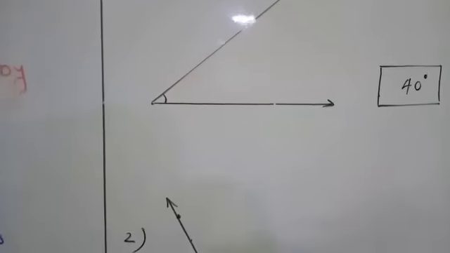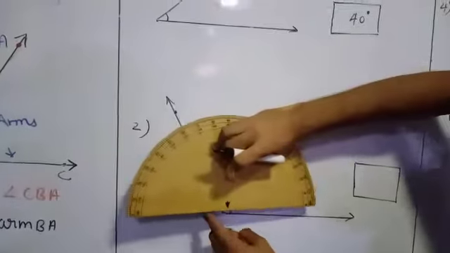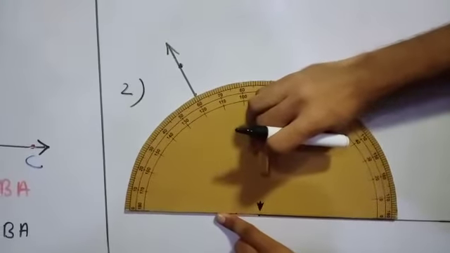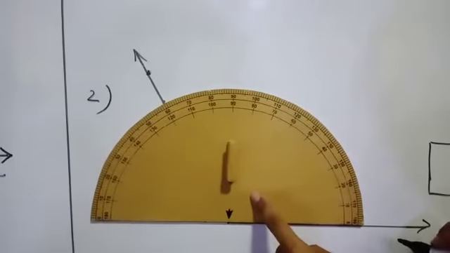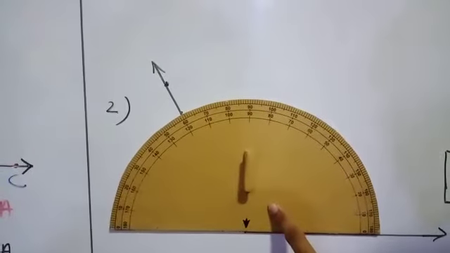In the second sum, see, here also we do the same thing. We have to put the arrow on the vertex and cover one arm here and start counting. Whether we are going to start from this side or this side?